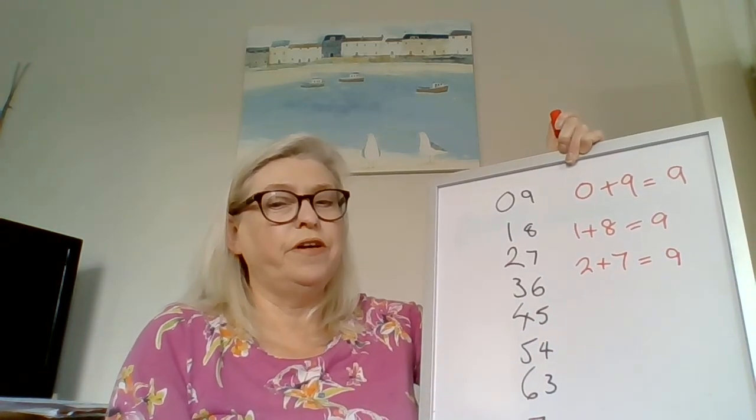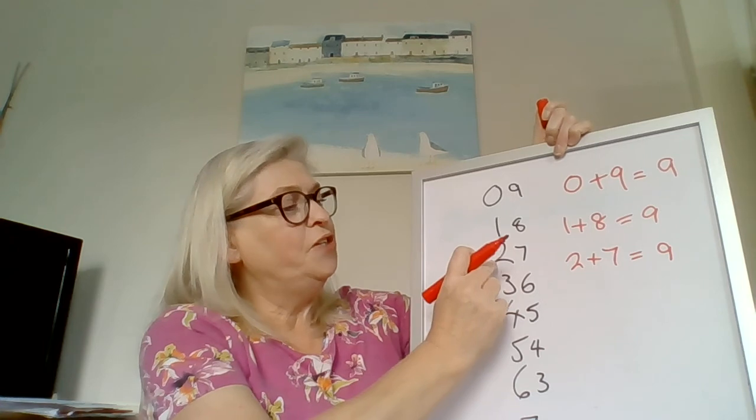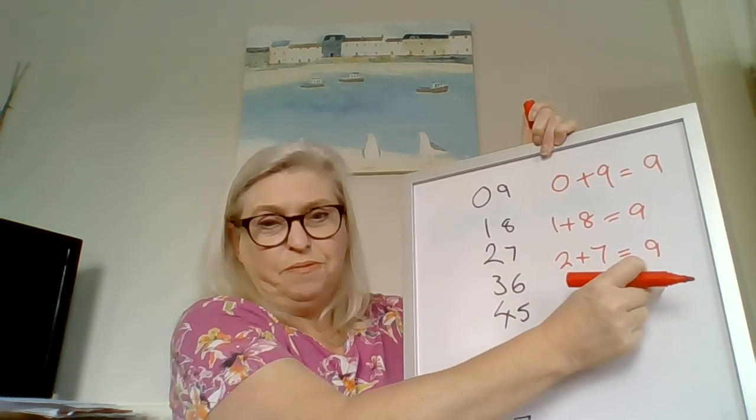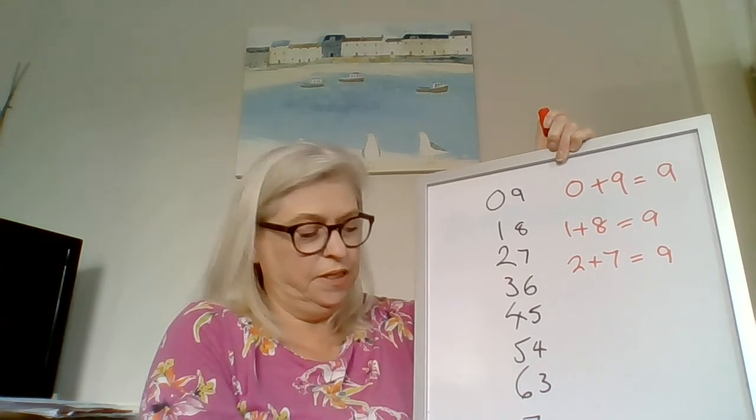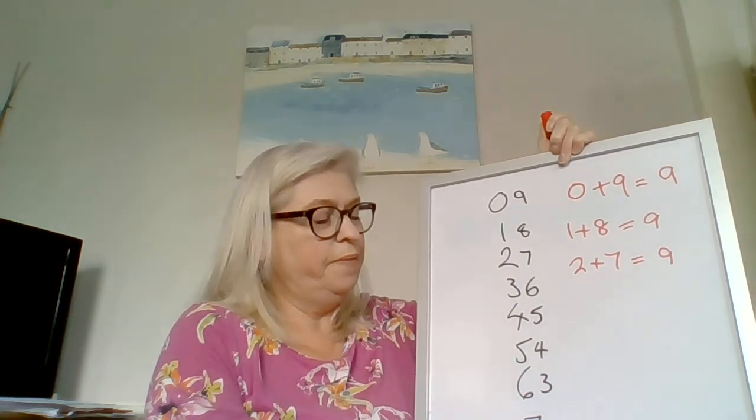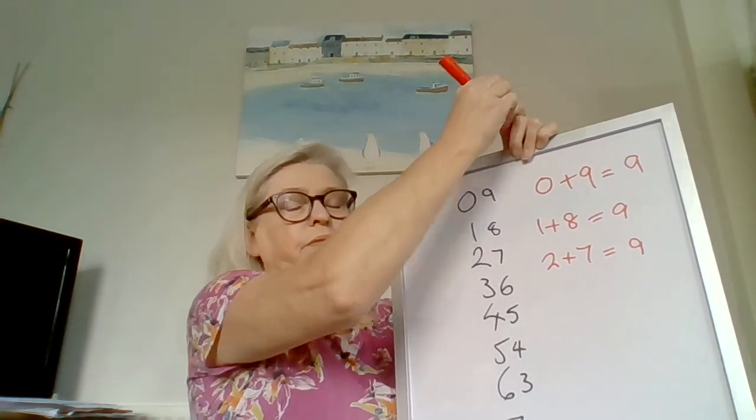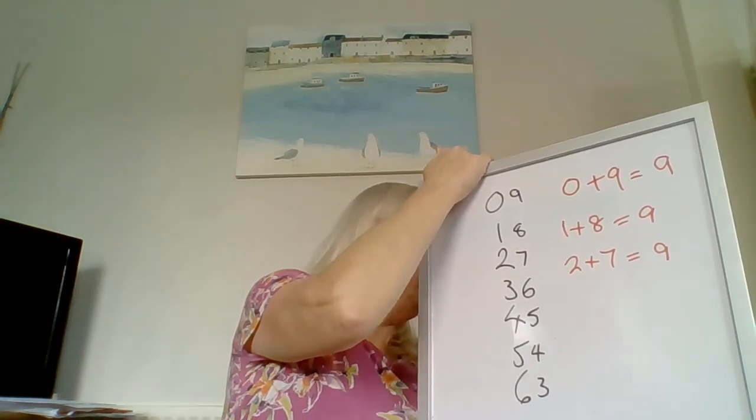Sorry, you can hear my washing machine in the background there. 27, 2 and 7 add up to 9. We could go all the way down there. Every single one of these numbers adds up to 9. So, might that be useful. Oh, that is interesting.